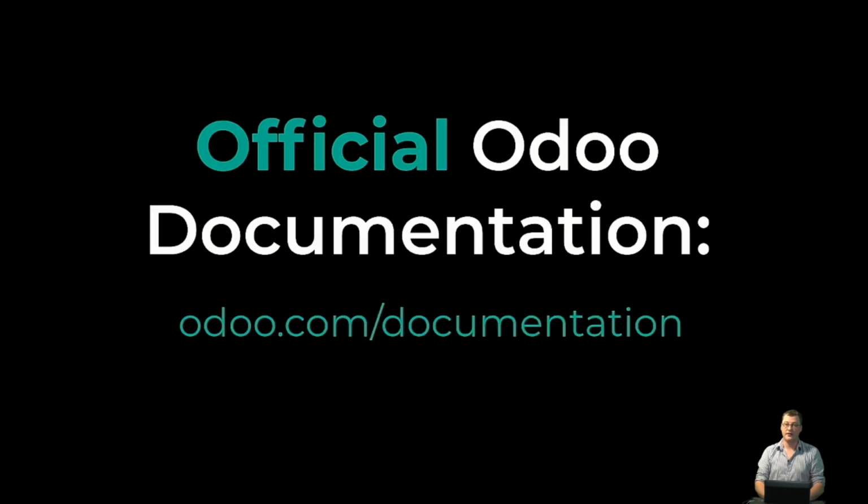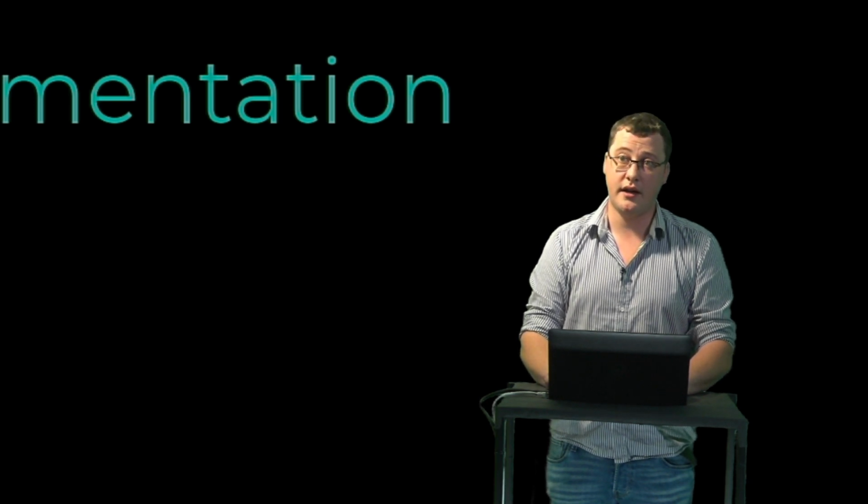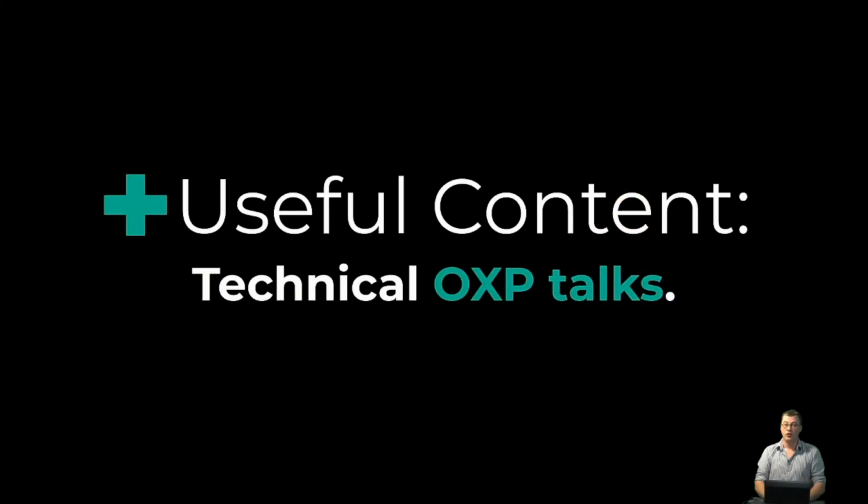There are several sources for you to find the documentation. The first one is the official documentation on odoo.com/documentation. You will find plenty of resources there on how to set up your models, how to take care of the front end, how to set up your views, etc., etc. You can also look at more technical Odoo experience talks, just like the ones that you can find on the Odoo YouTube channel.